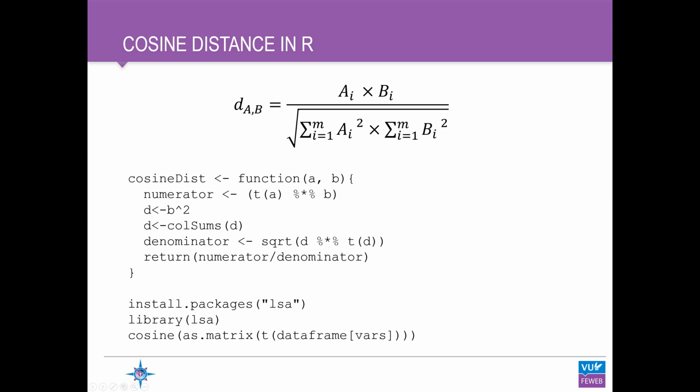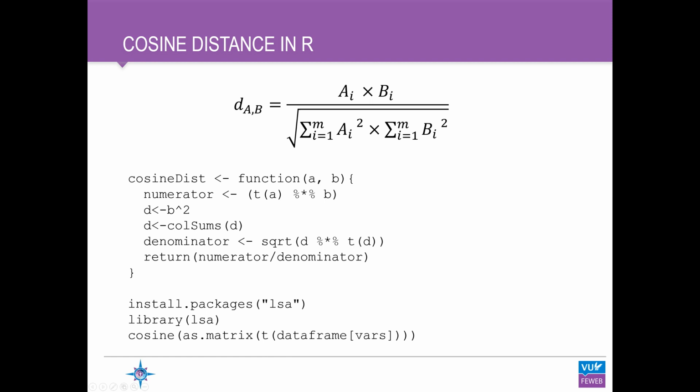Now you can also let R do this. There's a package that actually calculates this. Make sure, and this also holds for this formula, that when you input the data, you transpose the data frame. The data frame has variables, so this part of the formula takes from the data frame a set of columns with certain variable names.